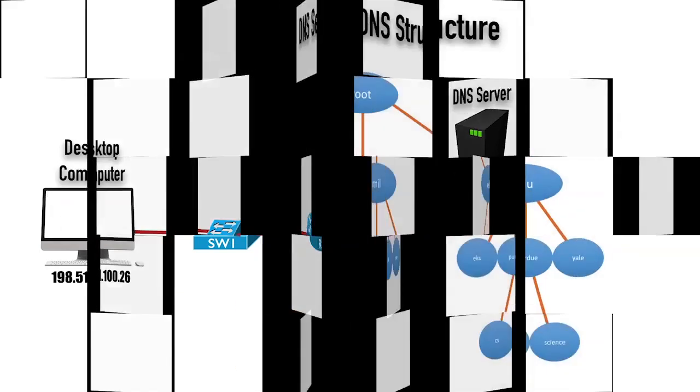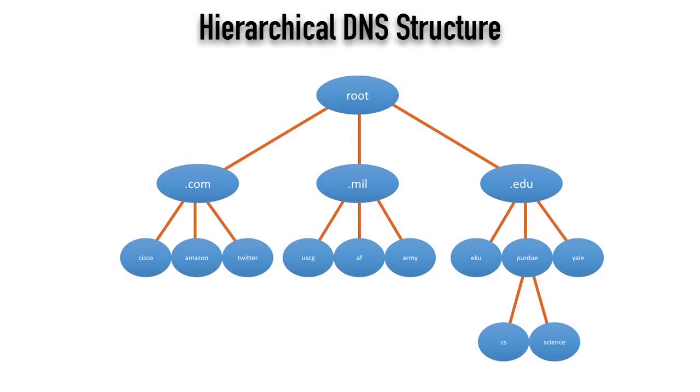And let's talk about the hierarchy of DNS. We don't just point to one DNS server on the internet. That's the master DNS server that knows about every single fully qualified domain name on the internet. No, it's a hierarchical structure. And under this hierarchical structure, we've got root domains. You might notice when you go to a website, many of the website names end in .com, or websites of universities, they might end in .edu.